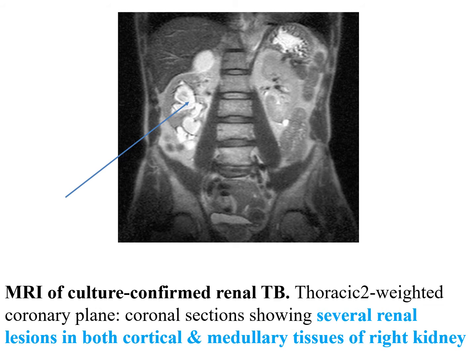This is an MRI of culture-confirmed renal TB, at the level of thoracic T2-weighted coronal plane, coronal sections showing several renal lesions. The arrow is indicating several renal lesions in both cortical and medullary tissues of the right kidney.